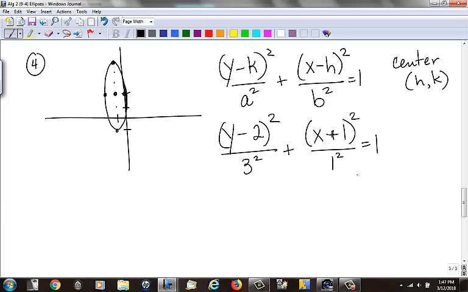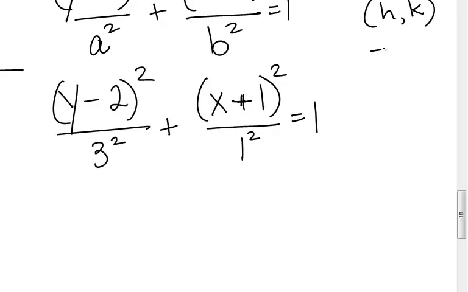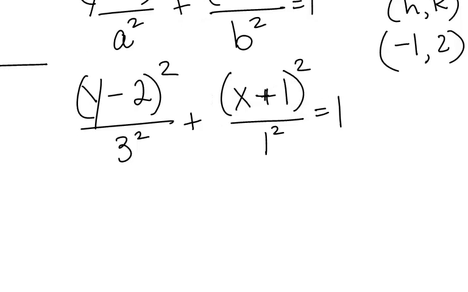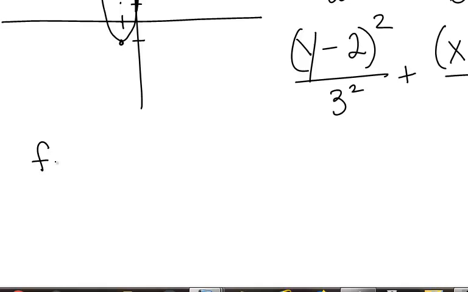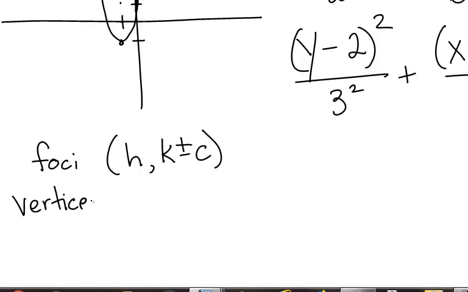Okay, so the center, what was the center of the HK? Negative 1, 2. Okay, negative 1 to the left and up 2 was our center. And on this one, if your major axis is vertical, the foci are H and K plus or minus C. And I don't expect you to memorize this part, no. The vertices, you just have to be able to use them.